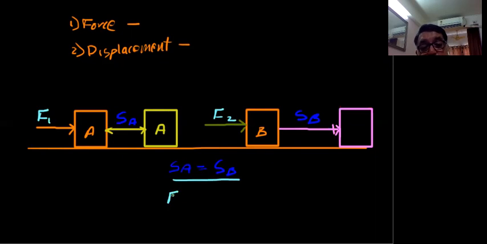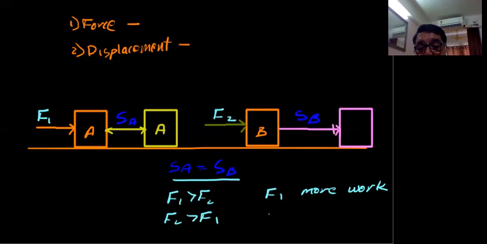If F1 is greater than F2, then F1 will do more work. If F2 is greater than F1, F2 will do more work, because the displacement produced by both of them is exactly same.